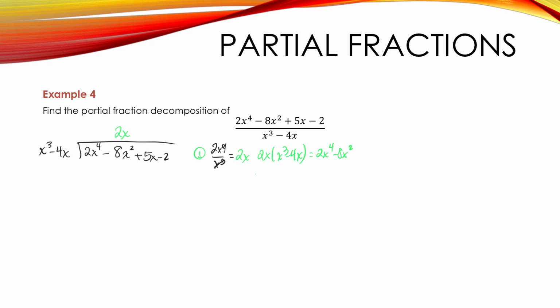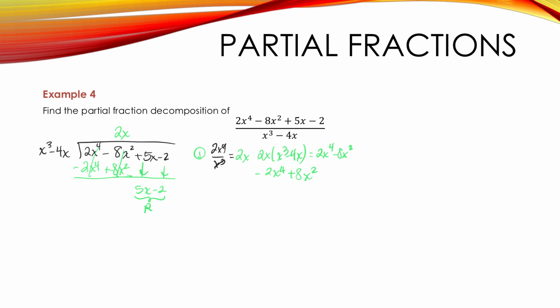If we multiply it by our negative, we get negative 2x to the fourth plus 8x squared. So let's plug that in. Negative 2x to the fourth plus 8x squared. Well, guess what? There's nothing left from those two terms, but I do still have a 5x minus 2, which would now be my remainder because it has a lower degree than our divisor.